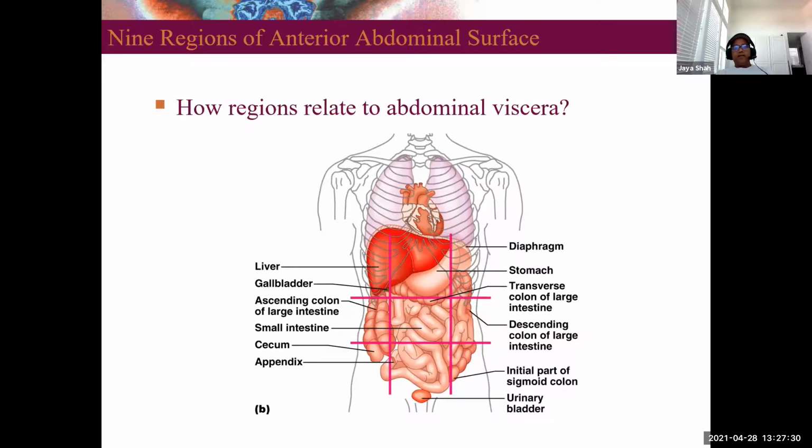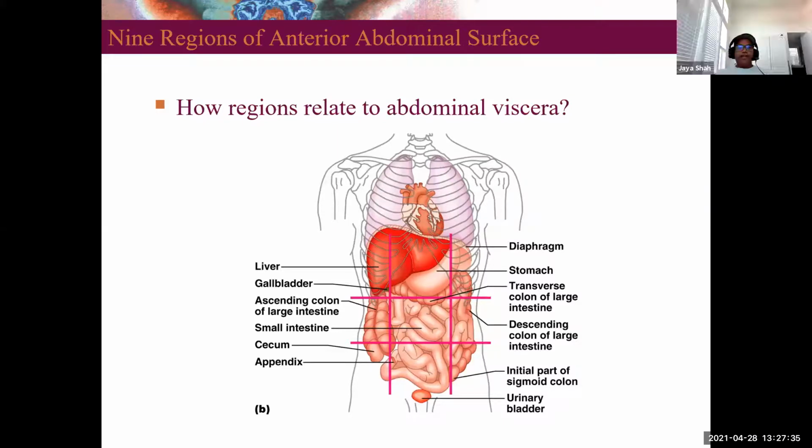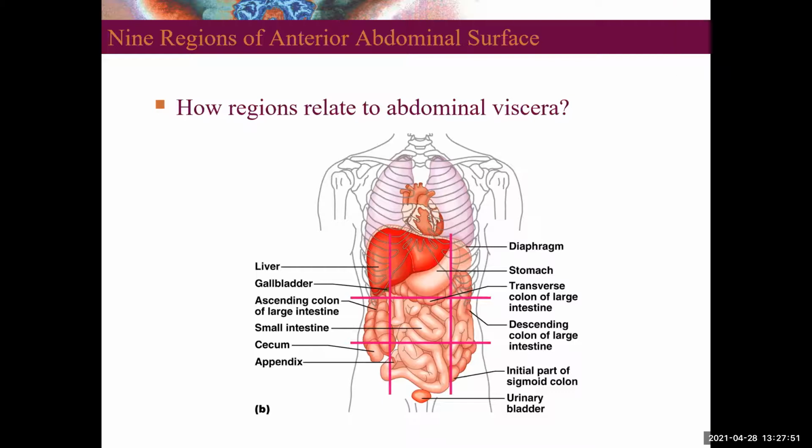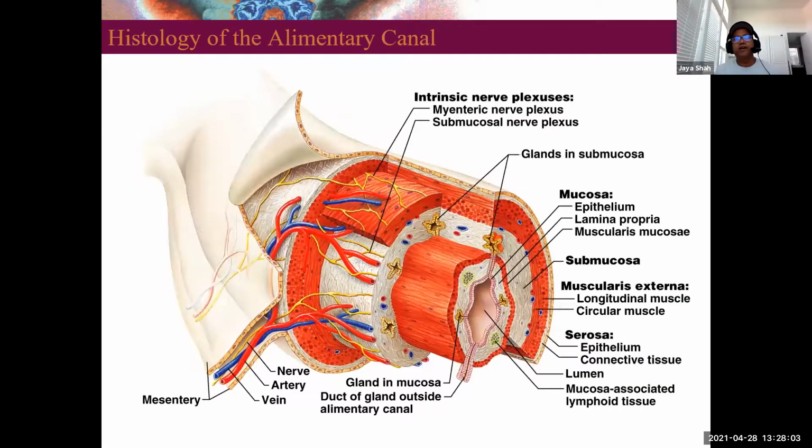You can see this diagram and see which region has which organ. Like the urinary bladder is in which region? The pelvic region. Hypogastric. Hypogastric region. Good. There is another way to divide the anterior abdominal wall surface: just divide into 4 quadrants and you can identify them.